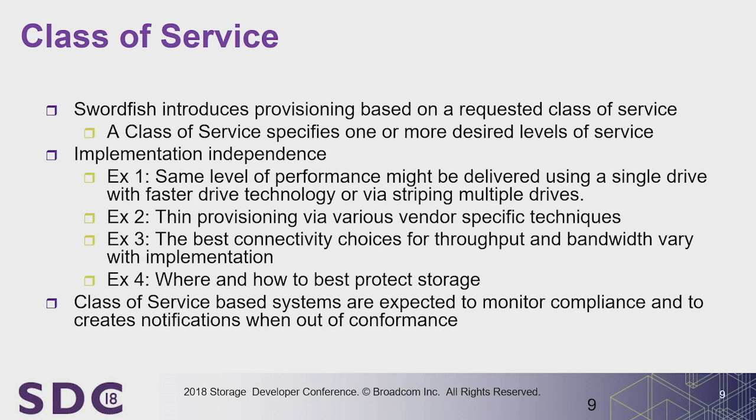For example, the same level of performance can be delivered using a single drive or via striping multiple drives, and the implementation can hide that. All you have to expose from a client perspective is, what performance do I want? And thin provisioning, same thing, right? Vendors have multiple different ways to do that. All you have to do is say, I want thin provisioning.